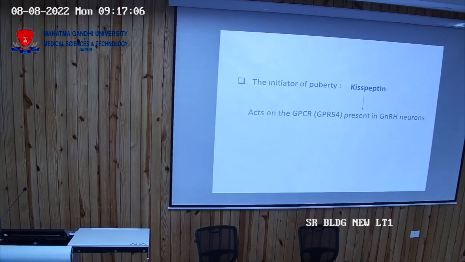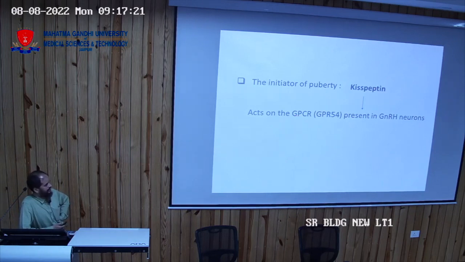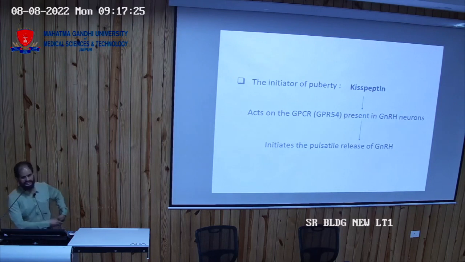So there are G protein coupled receptors present on those neurons. Okay, GnRH neurons. This kisspeptin will act on these G protein coupled receptors, and what it does is that it initiates the pulsatile release of gonadotropin releasing hormone.